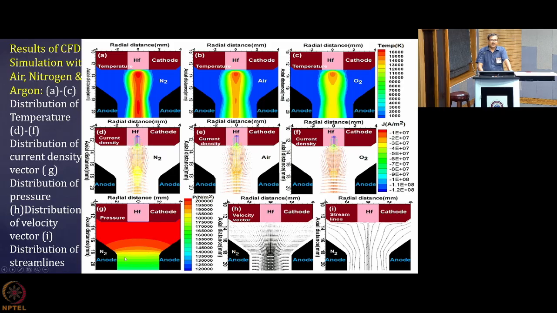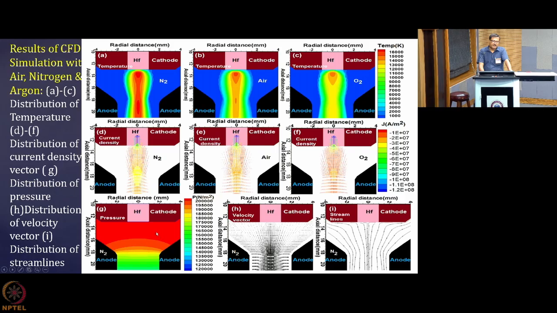Although you know that this is an open channel and there should not be any obstruction, it is the electromagnetic body force which is posing as a virtual wall over here, and that is not allowing the fluid to flow from this region and making the pressure rise so high in this zone, and the pressure is falling only near the exit, and finally it will reach atmospheric pressure.